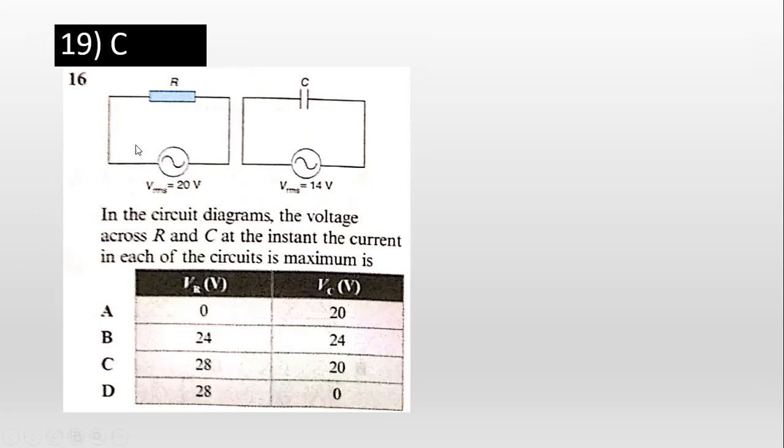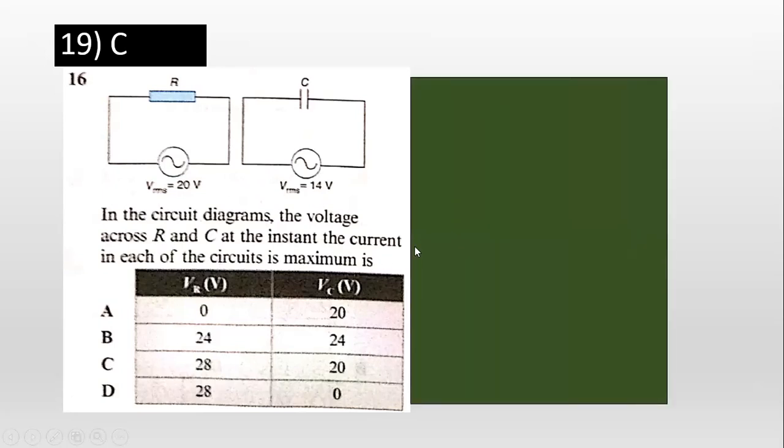You know your work. In the circuit diagram, find the voltage across R and C at the instant the current in each of the circuit is maximum.